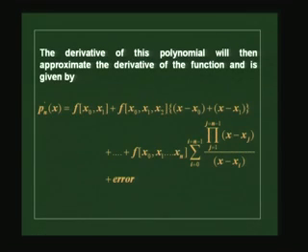Then we have the error term, the last term, which we can evaluate, because it is the derivative of the next term in the polynomial, that is the n plus 1th term.